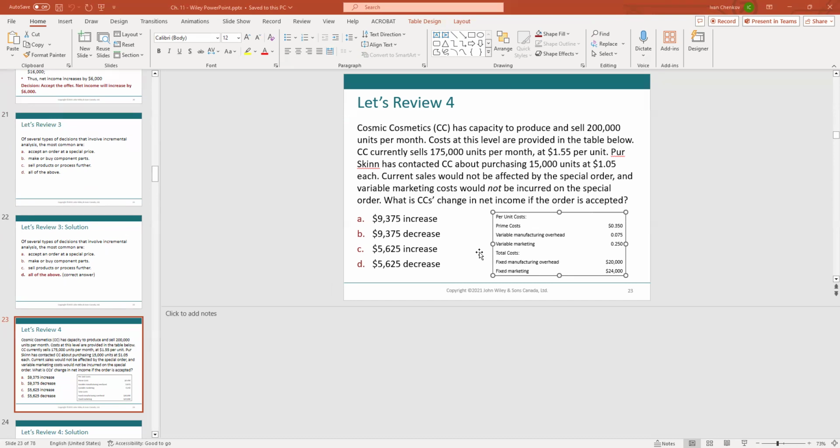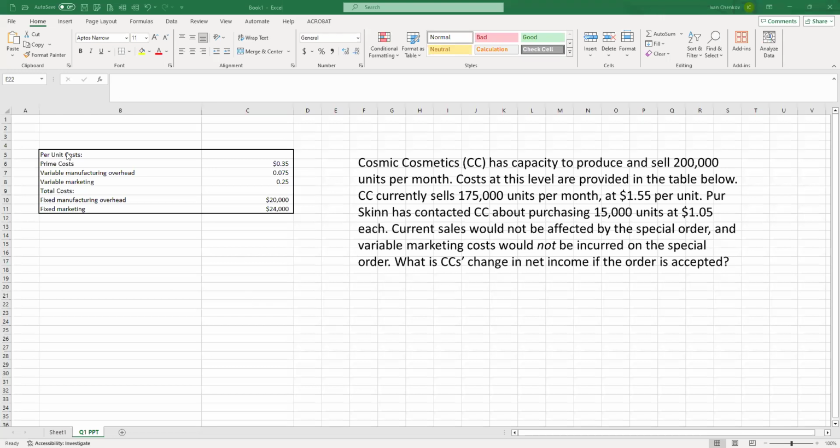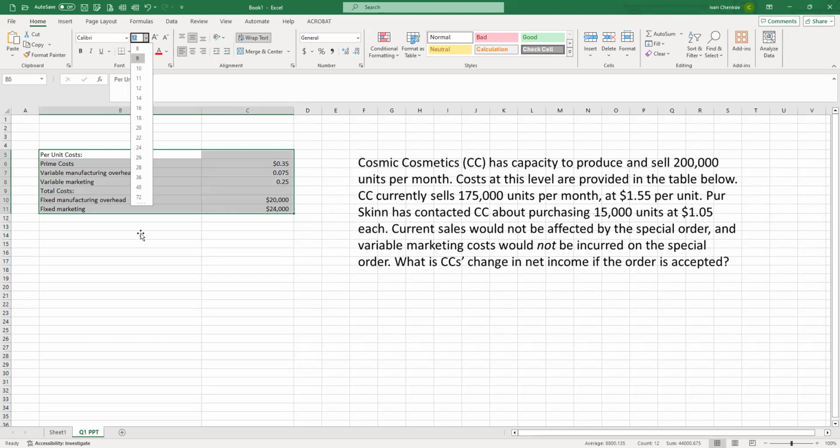Okay, that's even better here in this question. That's way better. Here comes the Excel. Share my screen. Now we can see the question, right? Yeah. Okay, let's go working on this question.